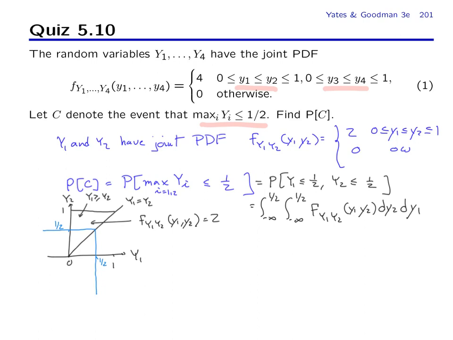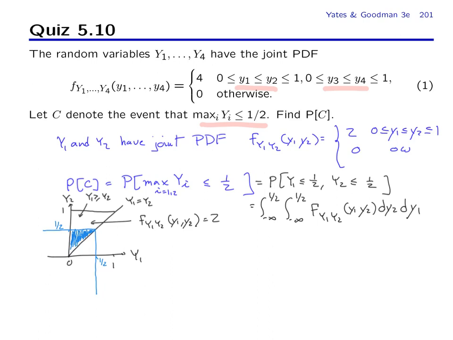The next step is to specialize this integral to the joint PDF we're given, namely that the joint PDF is 2 for y1 greater than 0 and less than y2, and y2 less than or equal to 1. It's only 2 in the triangular region, so we're integrating the joint PDF over this region.